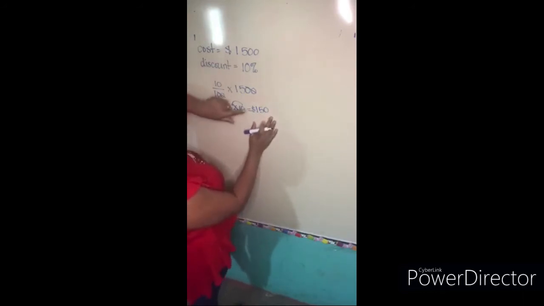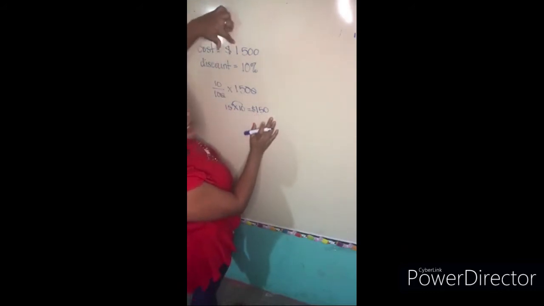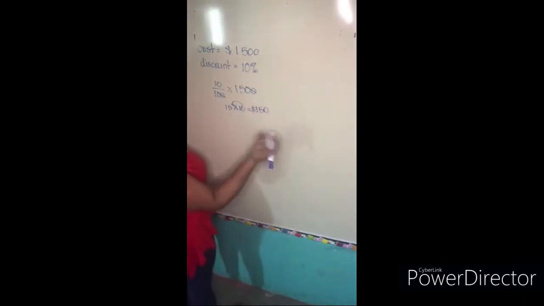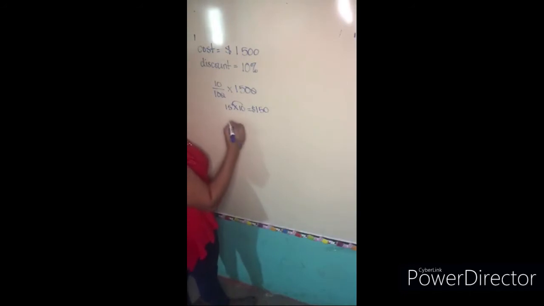So now we need to subtract this $150 from the $1,500 for us to know how much we need to pay in all for this motorbike, right? So 1,500 minus 150.